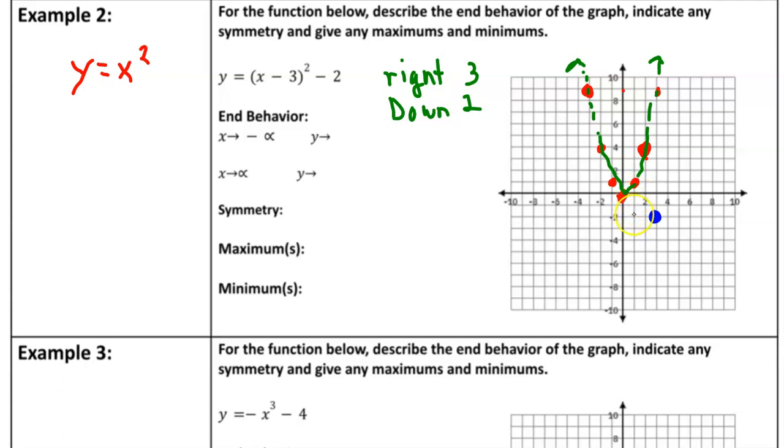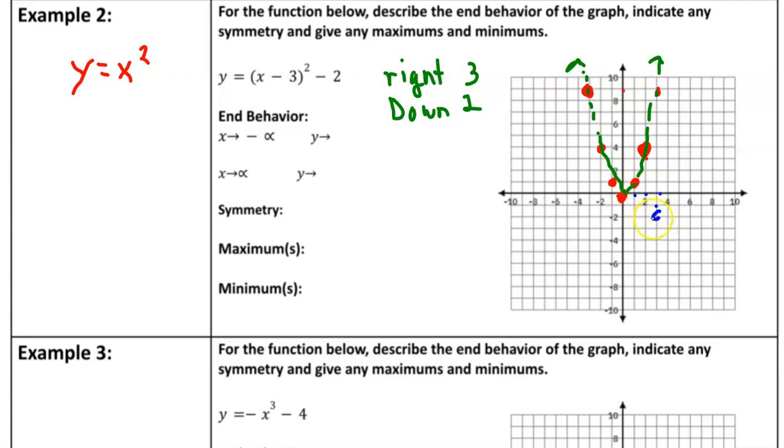Down 1, 2, 3, and over 1, 2. I'm going to take this point and go right 1, 2, 3, and then down 2. Wake up, Mr. Campbell. So take this vertex and go right 1, 2, 3, and down 1, 2.